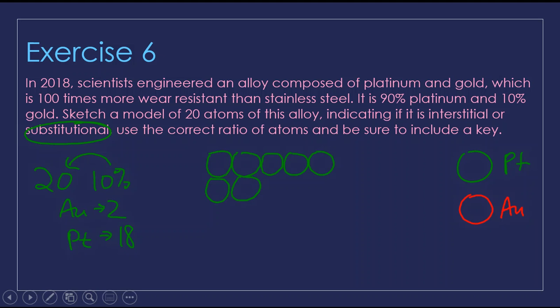Put in a gold somewhere in here. 1, 2, 3, 4. And so you must have the 20 count, and you must have 2 of them switched out for the gold.